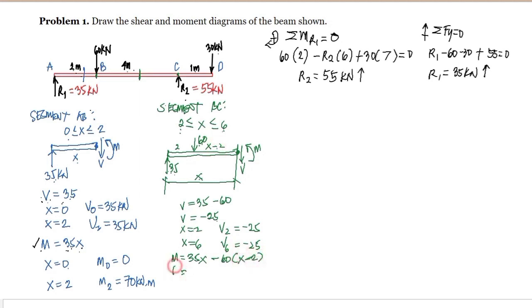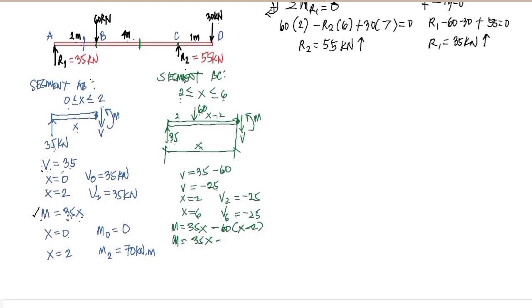So simplifying this, we have 35x minus 60x plus 120. So we have here moment is equal to 35 minus 60, that's negative 25x, plus 120. Now, ito yung sinasabi ko kanina.